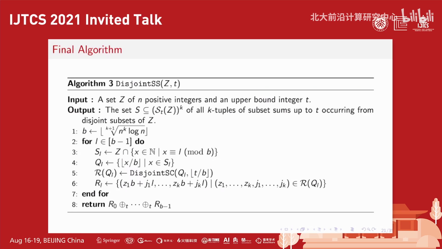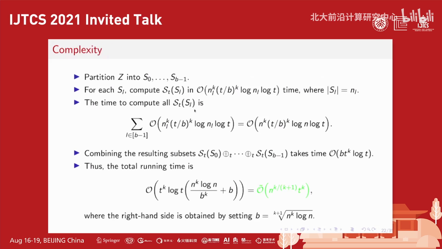Afterwards, it retrieves the subset sums due to keeping the cardinality of the involved subsets, and at the last step we simply perform pairwise sum operations, or FFT operations. It's actually the same thing, and we successfully generate all the subset sums of our initial input set. And the final complexity occurs to be this one, which is obtained by setting b to this value.